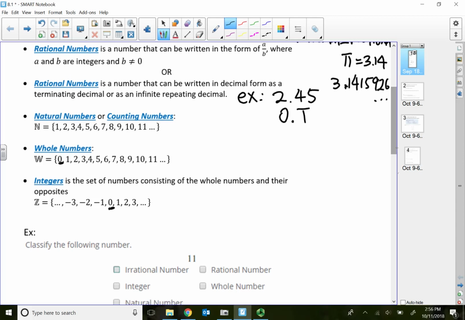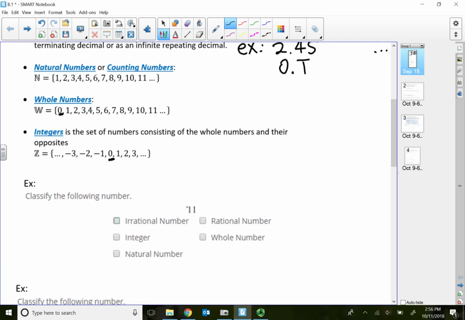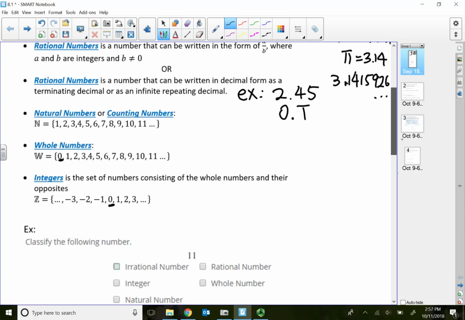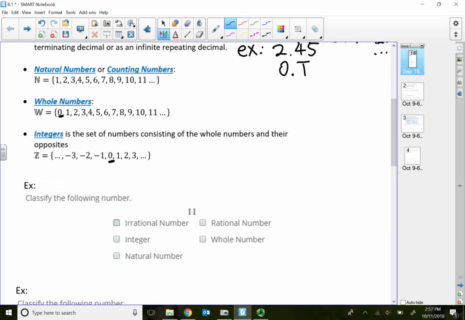So let's try some examples real quick. The number 11. First thing we're going to compare is rational versus irrational. 11 is considered a rational number because 11 can be written as 11 over 1, which is a fraction. Every time I have a fraction, it's a rational number. 11 is also an integer.